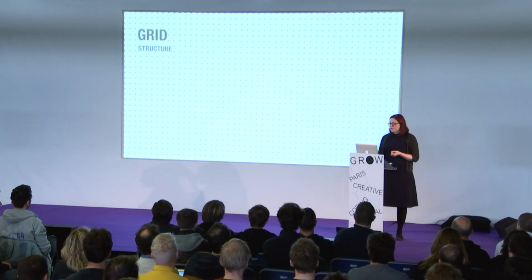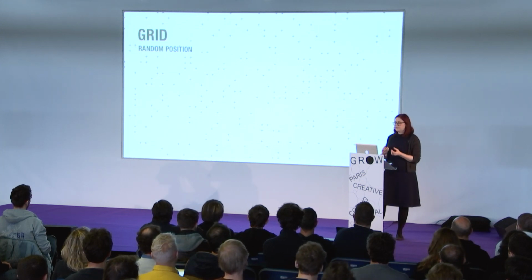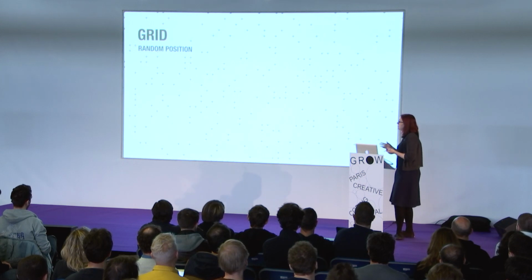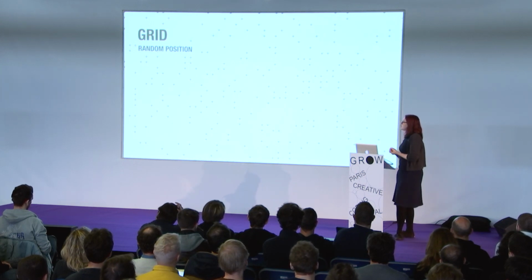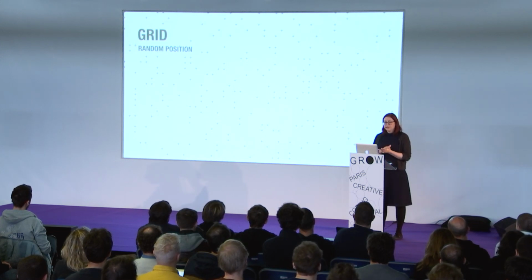So when you have this grid, if I just use an element at each point of the grid, it's kind of boring. When you use just a few elements and generate them randomly on the canvas, it already gets a little bit more interesting.